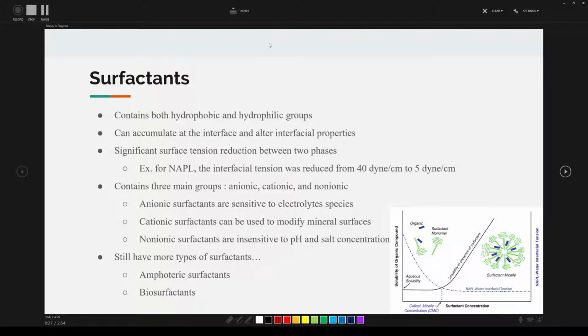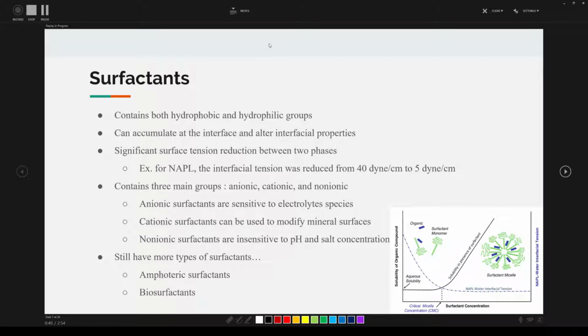In this case, it can significantly reduce the surface tension between the two phases. Like for the NAPL, the interfacial tension can be reduced from 49 to 59 per centimeter, which is a large reduction of the interfacial tension.